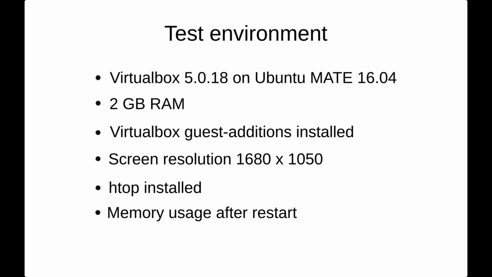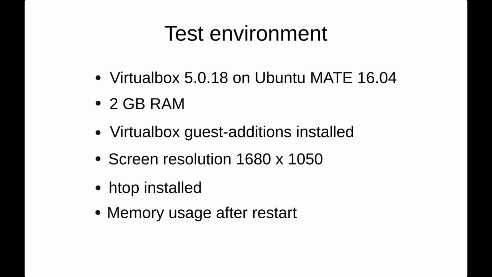And this was my test environment. I used VirtualBox 5.0.18 on an Ubuntu Mate 16.04 host, with 2 GB of RAM given. The VirtualBox guest editions were installed. I used a screen resolution of 1680 by 1050.